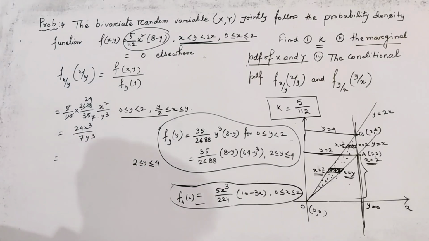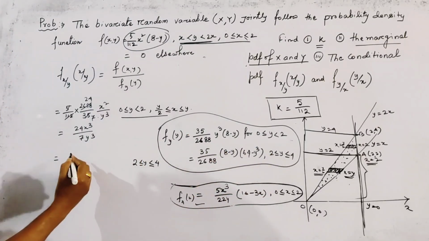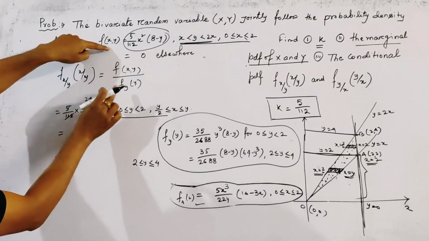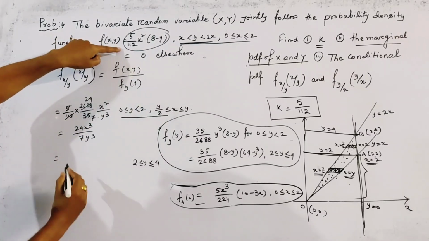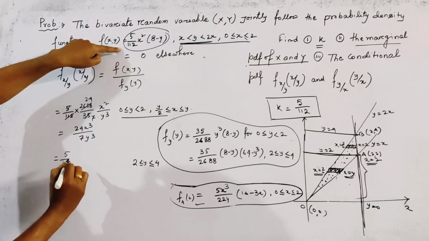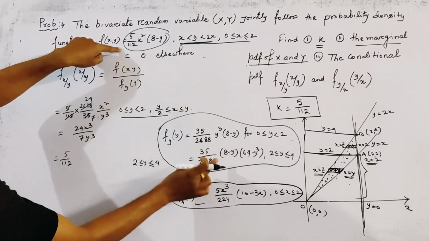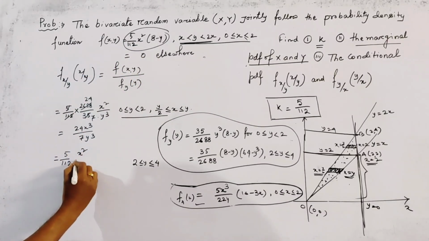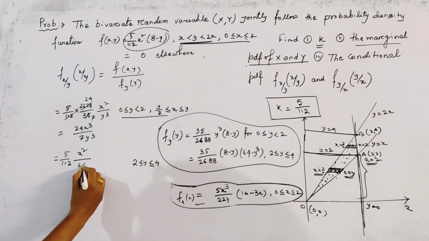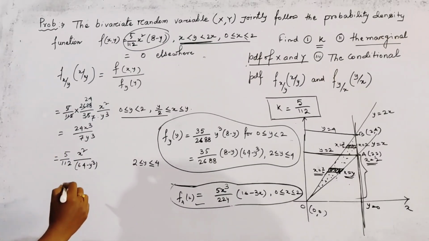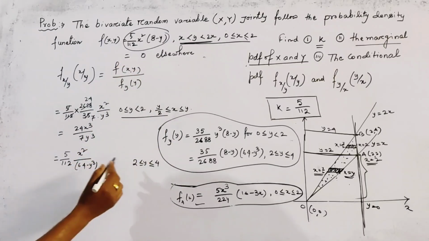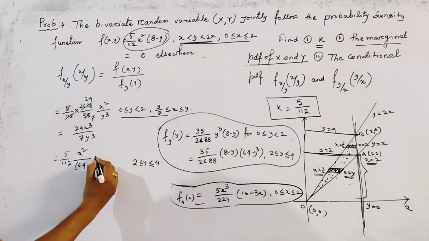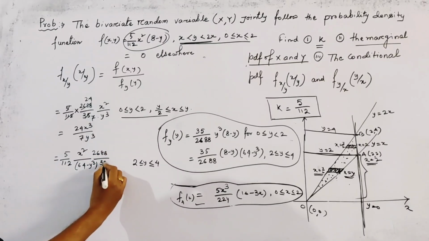In this range, if we write f_XY by f_Y in this definition, then we get 5 by 112 and 8 minus y cancel out, so we get the term x square by, lower term is 64 minus y cube. Okay, and clearly here the term is 2688 by 35.